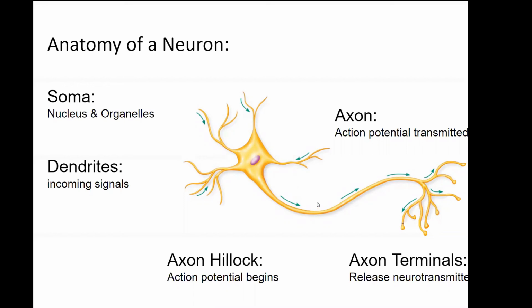Then we'll talk about the axon itself, where we send our spike of electricity out. We'll see how that spike travels down the axon in a wave. As we start talking about synapses and neurotransmitters, we'll talk about the axon terminals, these noodly fingers at the end. That's where we have the release of neurotransmitters to signal to whatever cell we're joining up with, whether that's a muscle cell or another neuron.